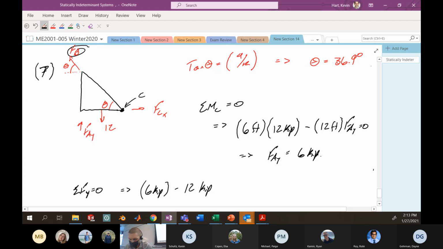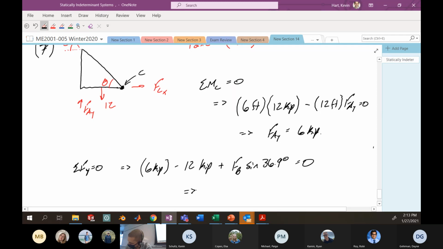Plus the contribution from FB in the Y direction. So this will be plus the force at B sine 36.9 degrees. All this together could solve that my force at B is going to be 10 kip.